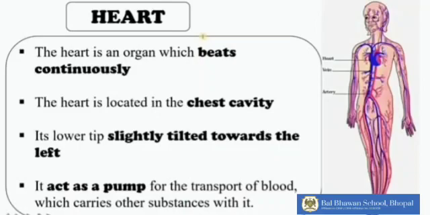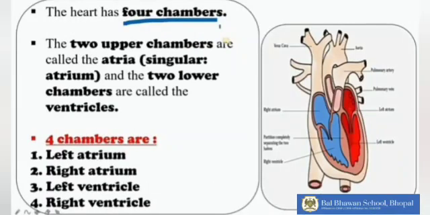Now, before we begin with the pumping action of the heart, let us learn the structure of the heart. If you understand the structure of the heart, it will be easier for you to understand how the blood is being pumped out. So let us see the heart in detail. Our heart is a muscular organ and it is divided into 4 chambers.